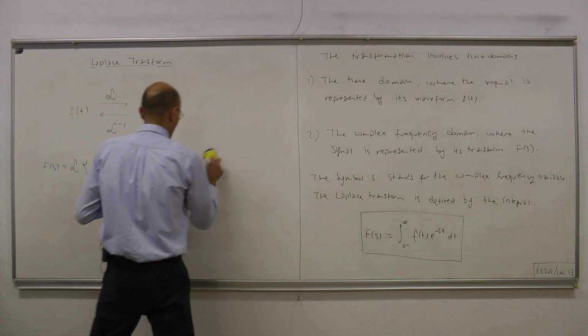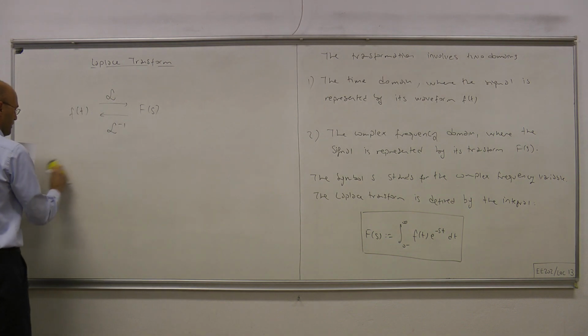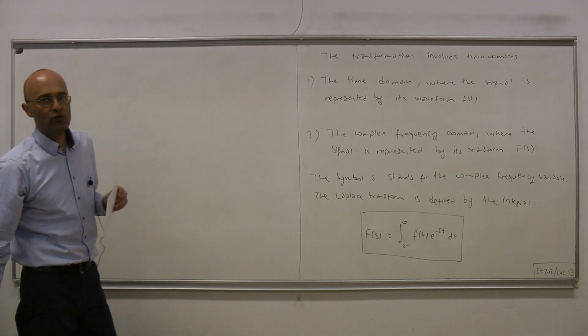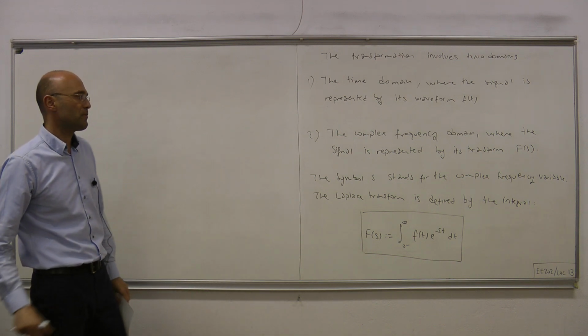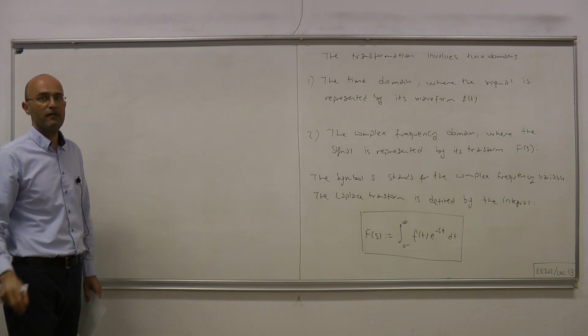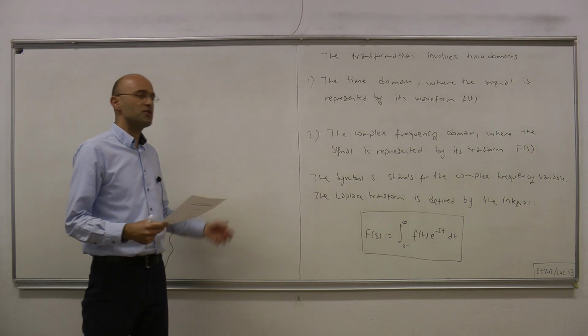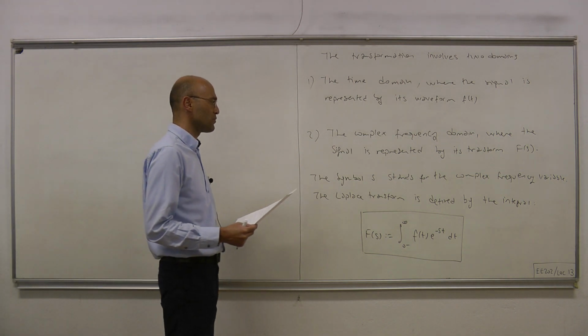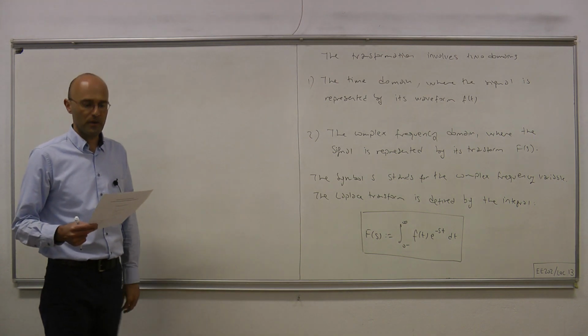Now, in order for F of s to exist, f of t should satisfy certain properties, but those conditions are very mild, and as far as the LTI circuits and the signals involved with LTI circuits are concerned, they are almost always satisfied.